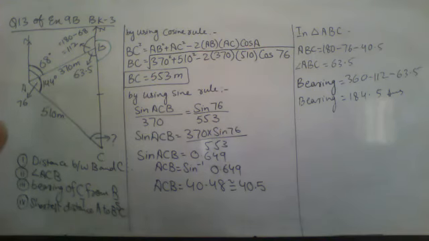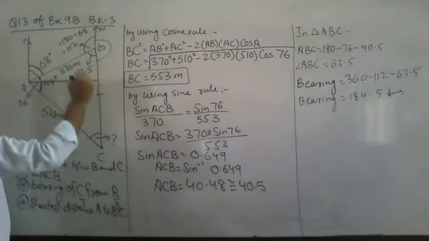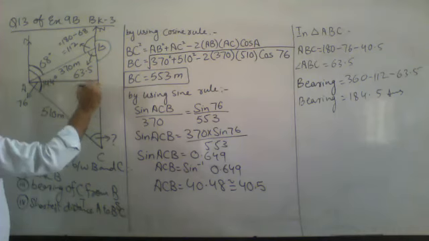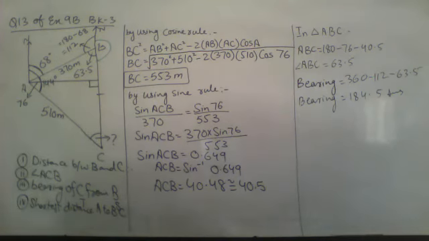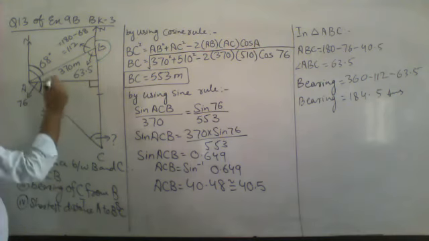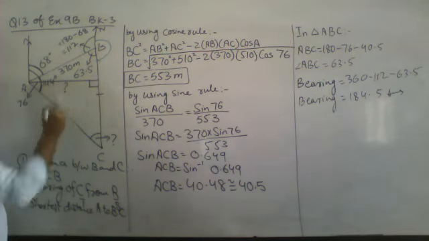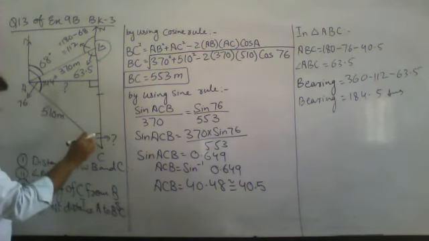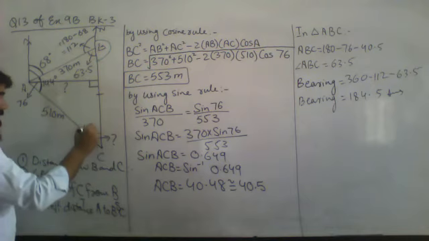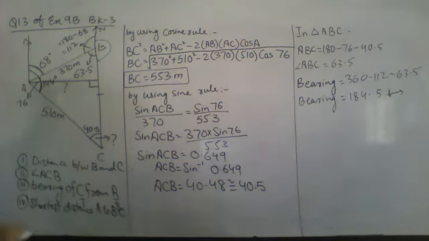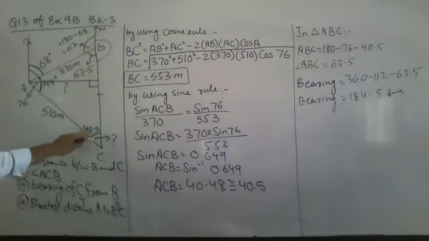Whenever they are saying shortest distance, it means a 90-degree angle is made, here I am making a 90-degree angle over here. And I have to find this one. This thing I have already found, that is 40.5, which is already found and coming 40.5 over here.